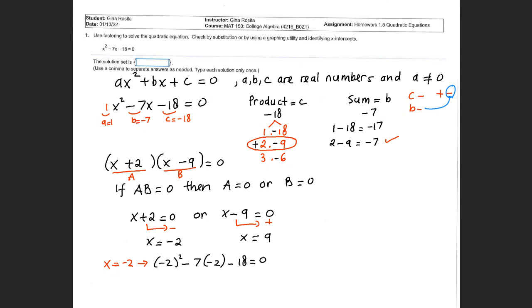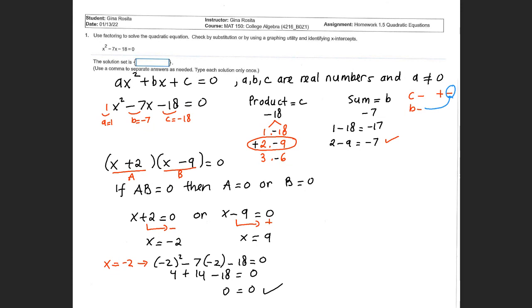So negative 2 times negative 2 is 4, plus negative 7 times negative 2 becomes positive 14, minus 18 equals 0. So 4 plus 14 is 18. 18 minus 18, 0 equal 0. Check. So our answer is right.